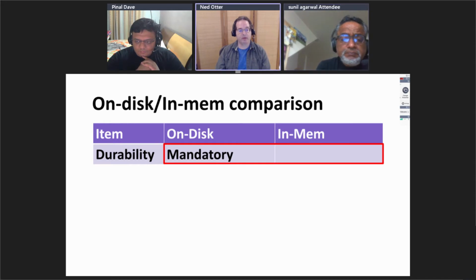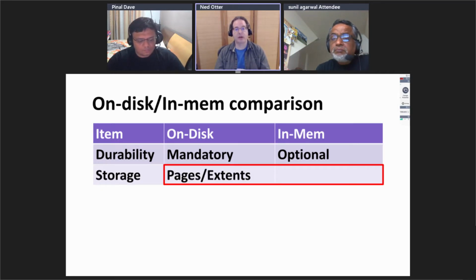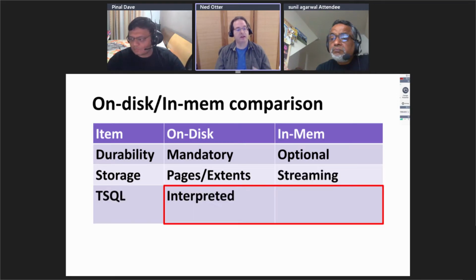Just wanted to compare quickly the facets of different table facets for on-disk and in-mem. From a durability perspective, for on-disk tables, durability is mandatory, but for memory optimized tables, you have an option to have it not be durable, so it's optional. Storage is on pages and extents for disk tables, but is streaming, as we said, for memory optimized tables.